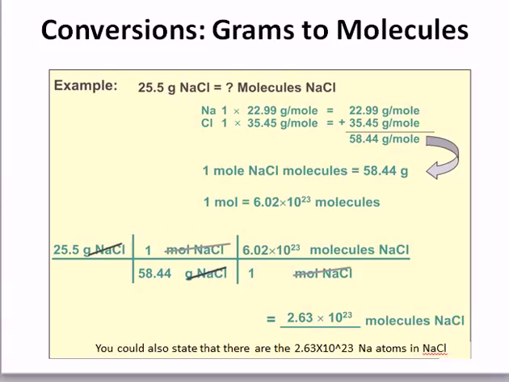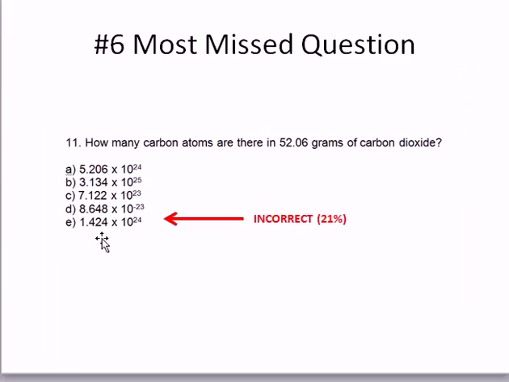I'm just going to bring it up real quick. We take a look at the missed question, and you're given 52.6 grams of carbon dioxide, and you have to go to carbon atoms. So you're starting at grams of carbon dioxide, getting that to moles of carbon dioxide, switching that to moles of carbon, and then switching that to atoms.